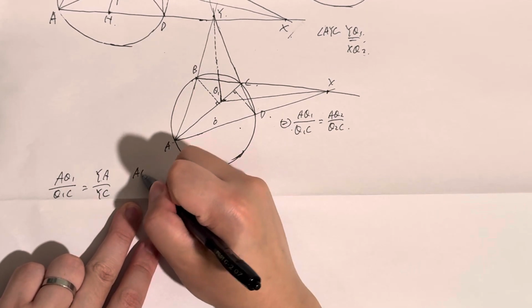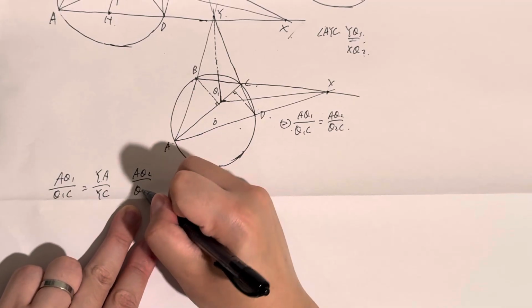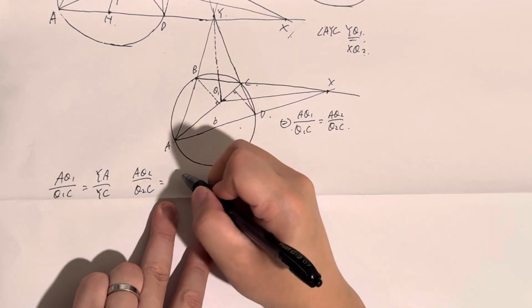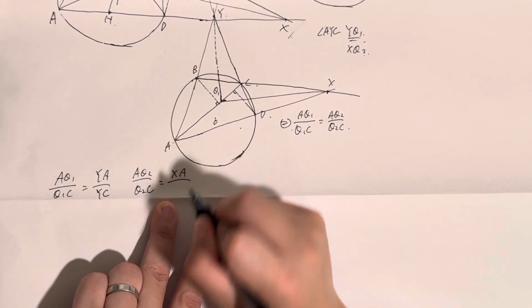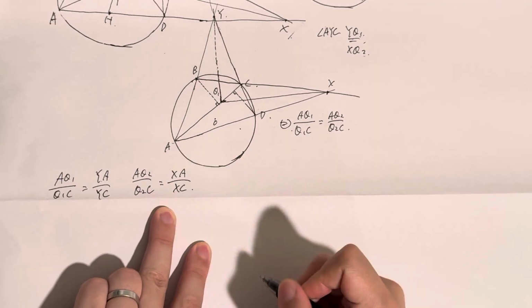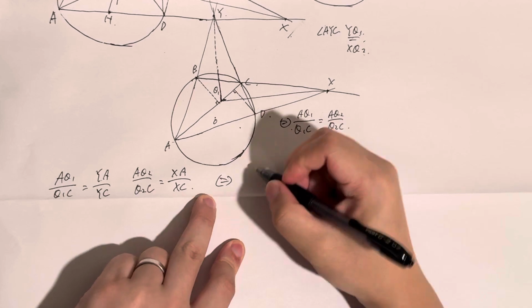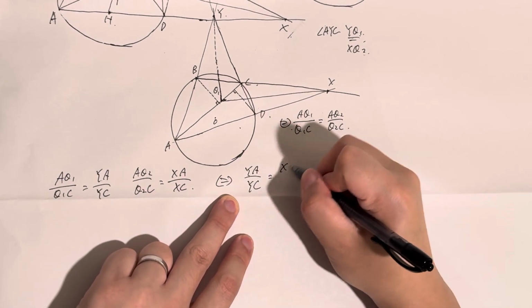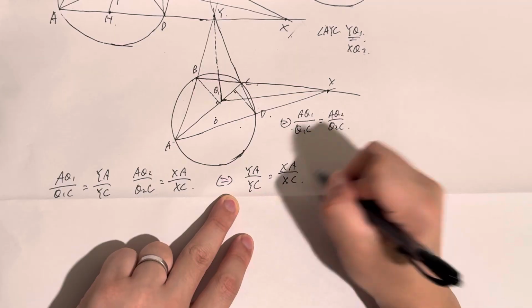And AQ2 to Q2C equals XA to XC, which means I want to prove YA to YC equals XA to XC.